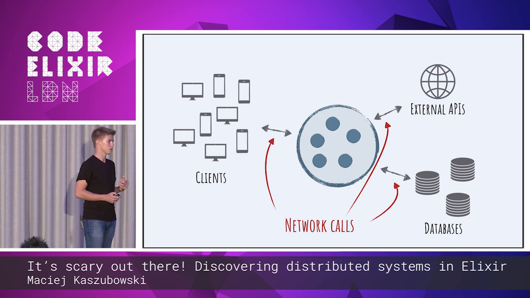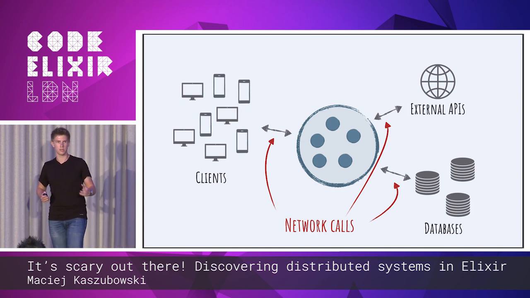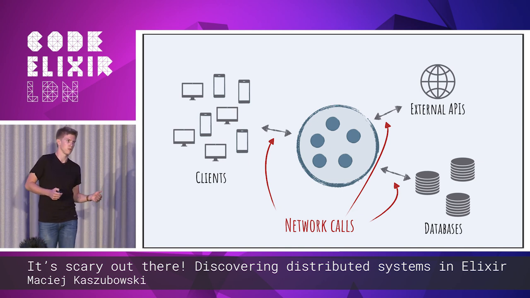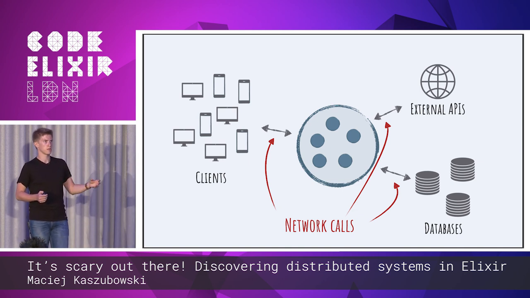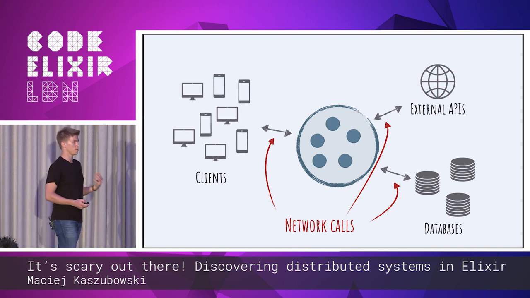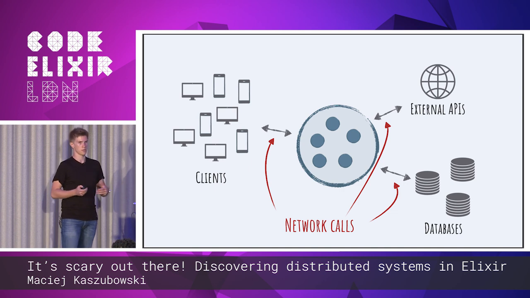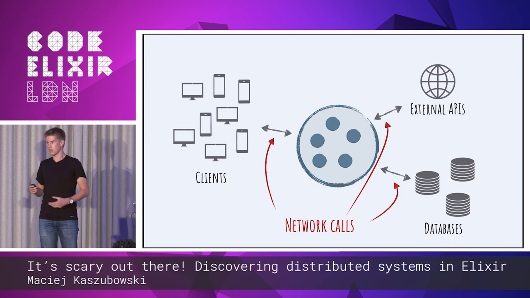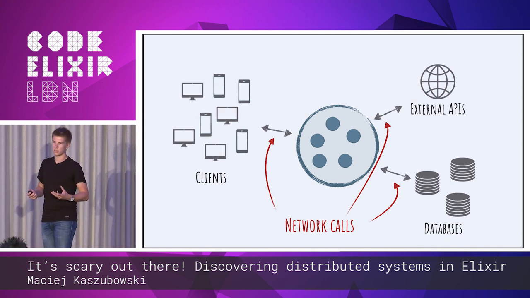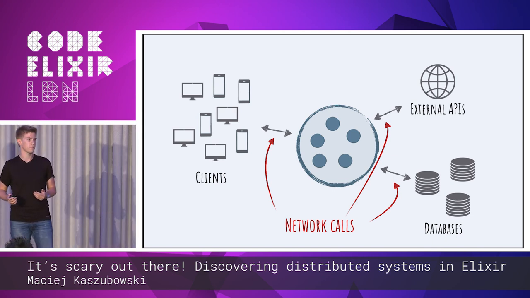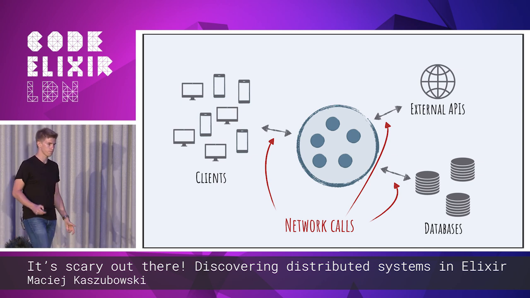You start caring about idempotency, so you start to design your endpoints to be able to handle duplication of messages. You start to design your APIs and your processes to be able to withstand reordering of the messages. And you end up with a solution that is far more reliable and far more fault tolerant.